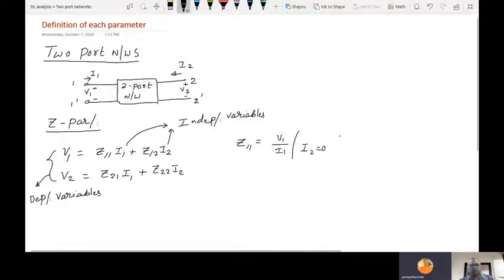So this is also named as input impedance when output port is open. Generally we call this the output port and this the input port.